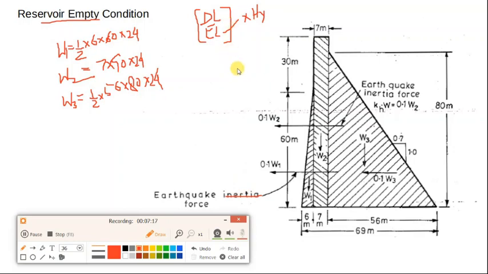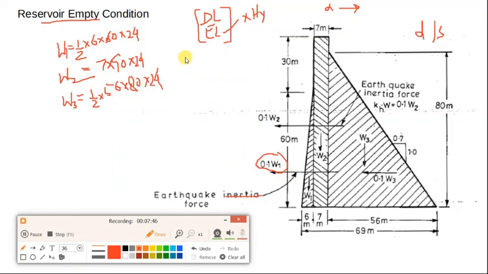Now what will be the worst case for inertia forces in case of reservoir empty? When the earthquake acceleration is from upstream to downstream, then the inertia forces will be from downstream to upstream. So this will be the worst case. And how to calculate earthquake forces?